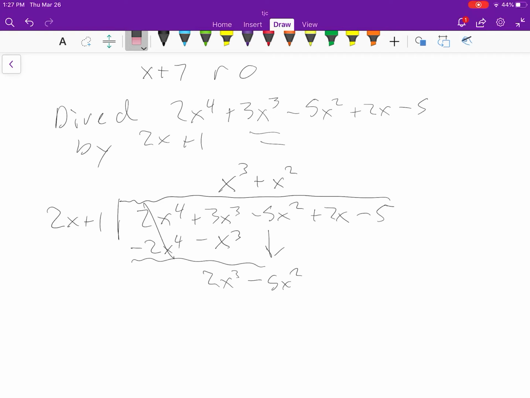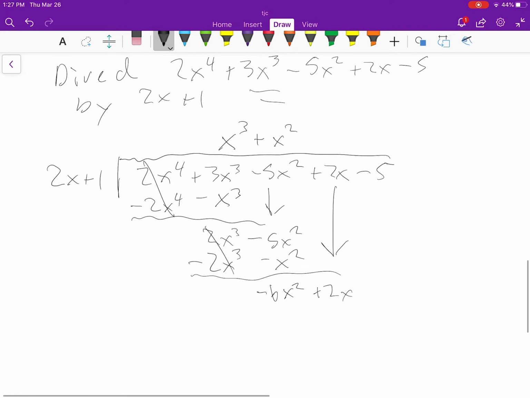So x squared times 2x is going to give you 2x cubed. X squared times 1 is going to give you an x squared. We change both their signs. Here they cancel, which is what we want. Here, since they're both negative, they're going to add together. You're going to get negative 6x squared. Then you're going to bring down the 2x. Okay?